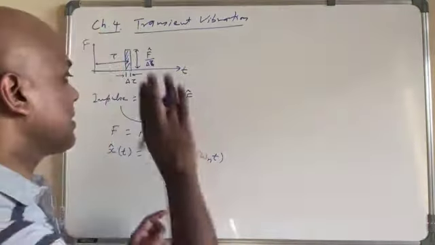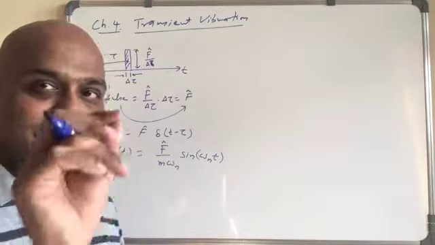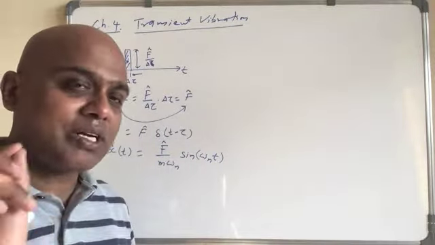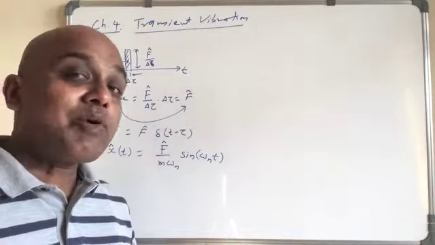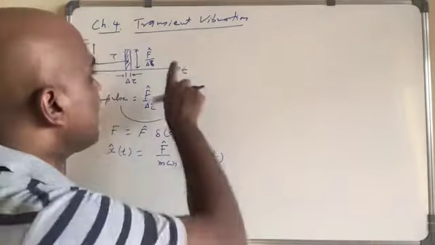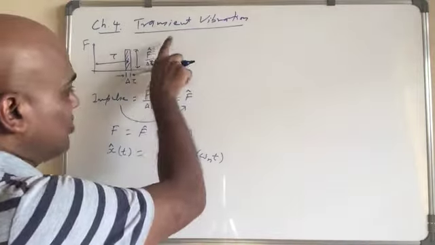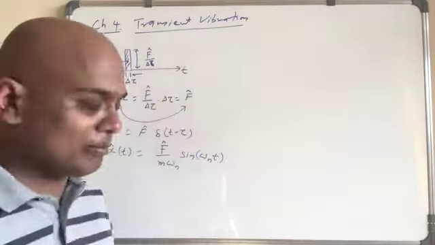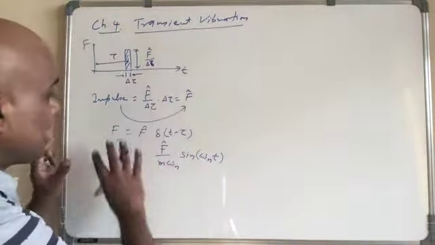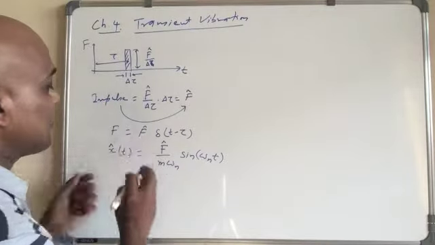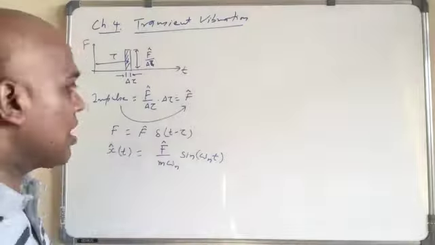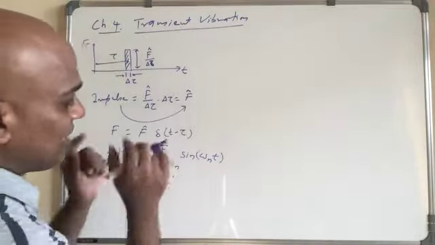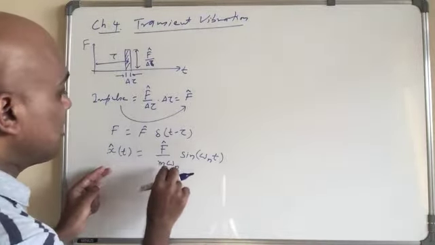Actual force: F naught has the dimension or units of force. In this case, F hat has the dimension of force multiplied by time, or the area under the curve of force with respect to time. So this we know, given the force as an impulse, in terms of the Dirac delta function.